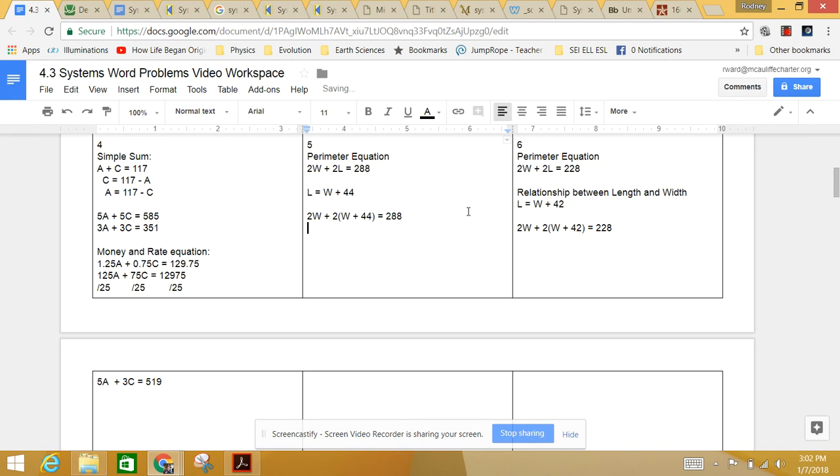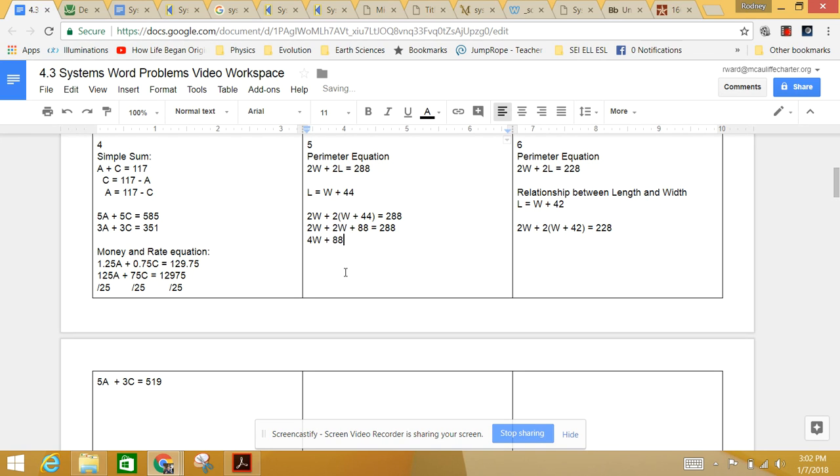So going back to number 5 with the basketball court, I'm going to simplify this: 2W plus, distributing 2 times everything in here, 2 times W is 2W, 2 times 44 is 88, and that equals 288. Now, I'm going to combine my like terms. 2W and 2W is 4W.